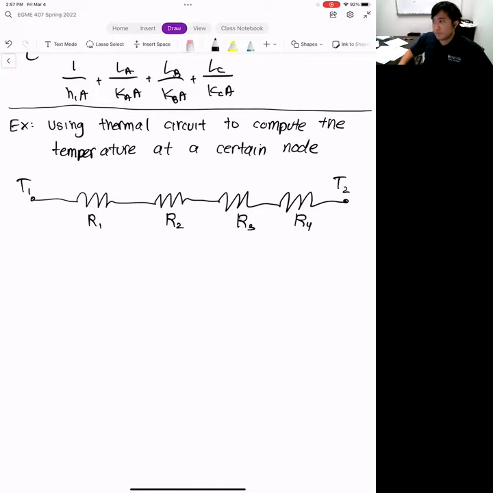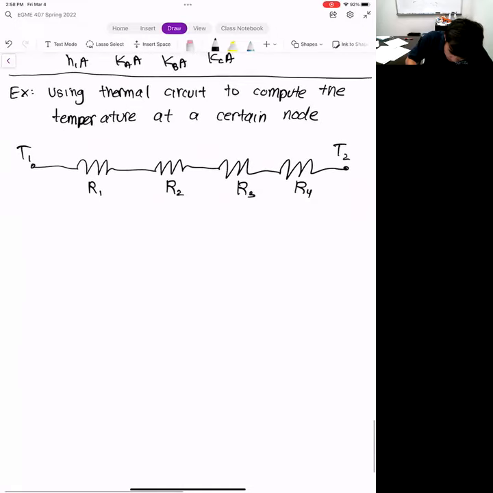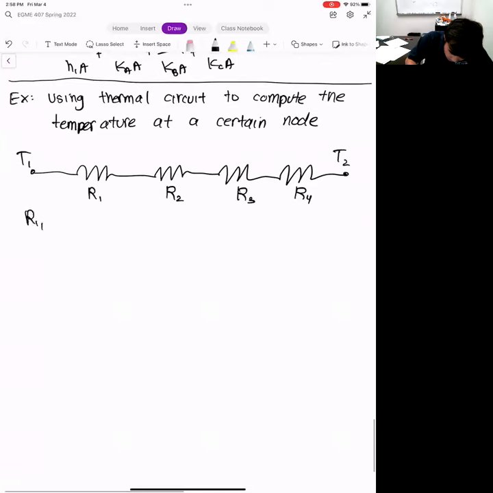Usually in these kinds of problems, you'll be given everything that you need to compute the resistances, and so R1, R2, R3, R4 are known. And always in these thermal circuit problems, you're going to be given at least two of the nodal temperatures in the problem as well.